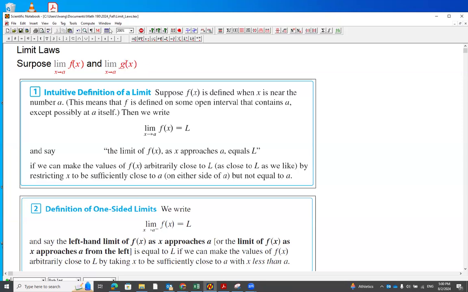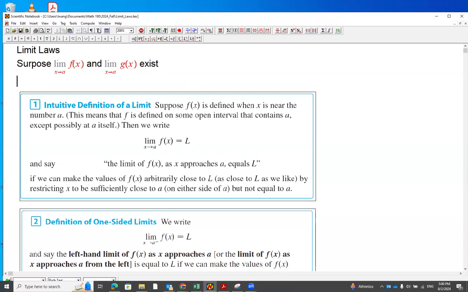These two limits both exist. Okay? So this is the premise. This is the condition before we can apply the laws of limit. Then we're going to explain what that means.